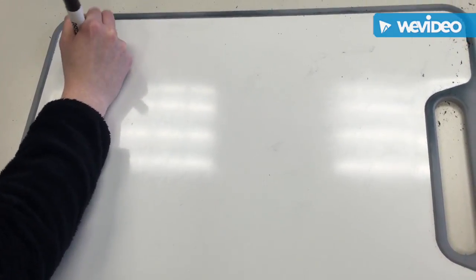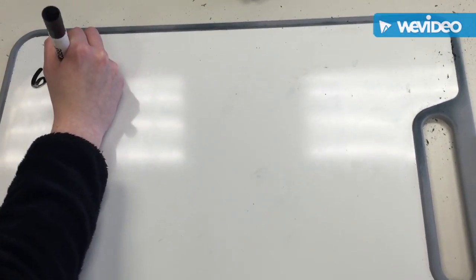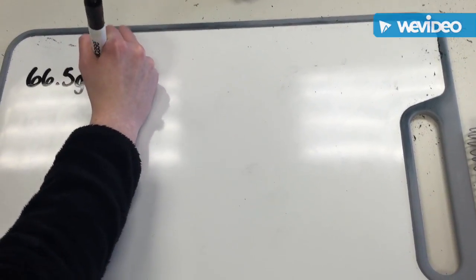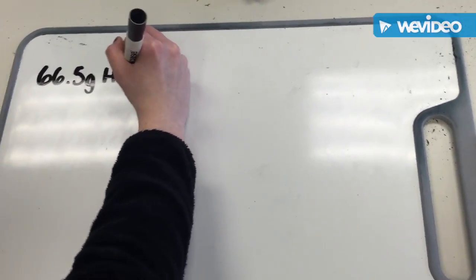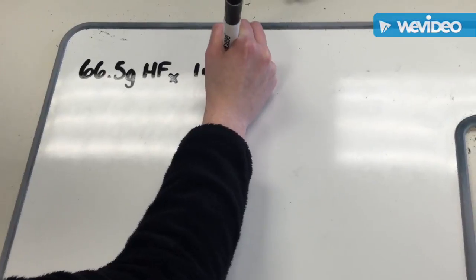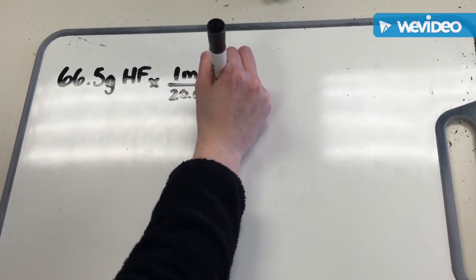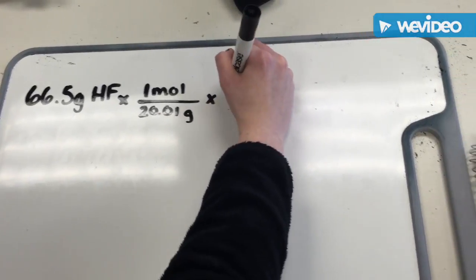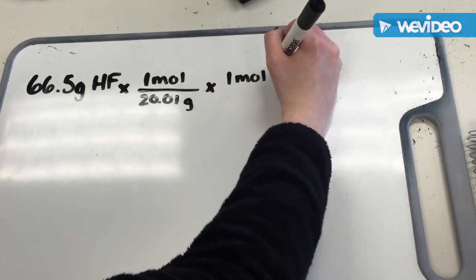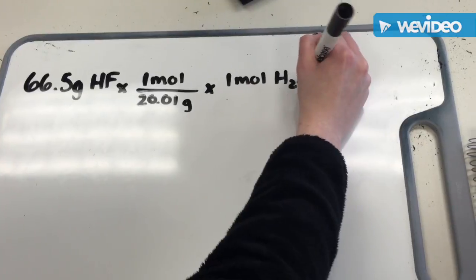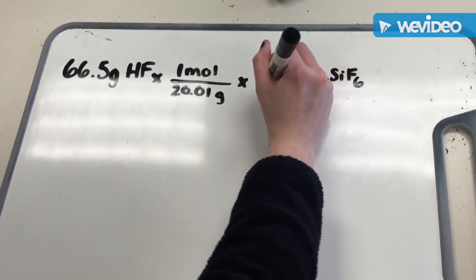The second question was, what is the theoretical yield of H2SiF6 in grams? Basically this is the same equation that we did in the beginning from hydrogen fluoride, but we're going to convert it into grams of H2SiF6 instead of moles.